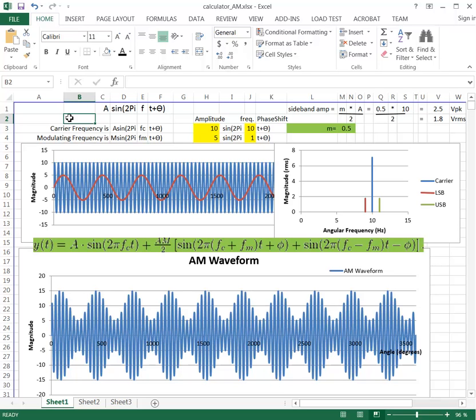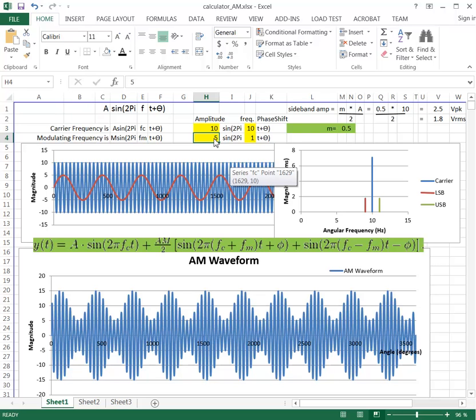Now, when it comes to AM modulation, one of the things that students are often asked to calculate is what's called the modulation index. And the modulation index is simply a ratio of the modulating wave to the carrier wave. A ratio here of 5 to 10 gives us a modulation index of 0.5.